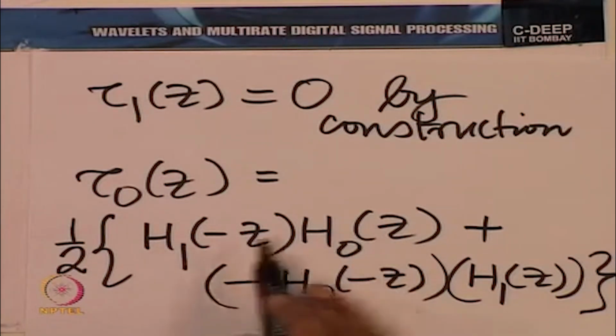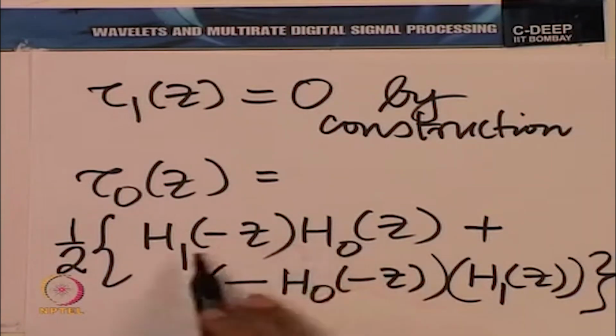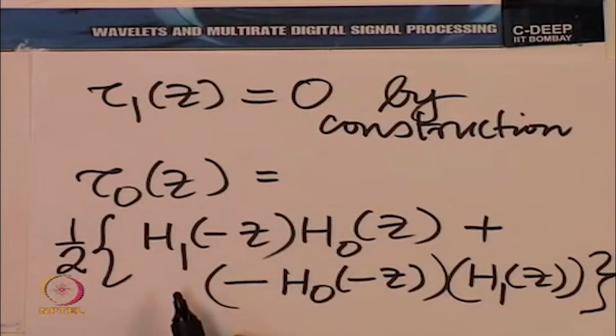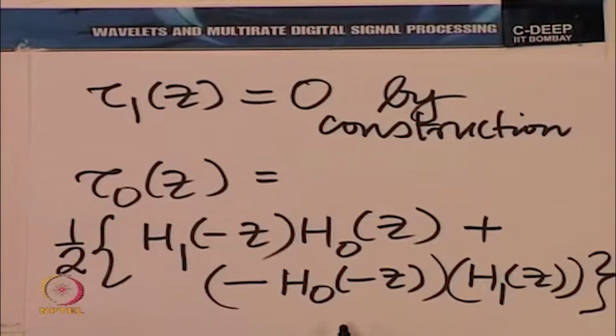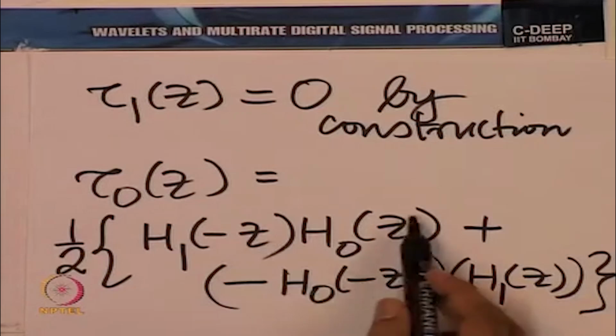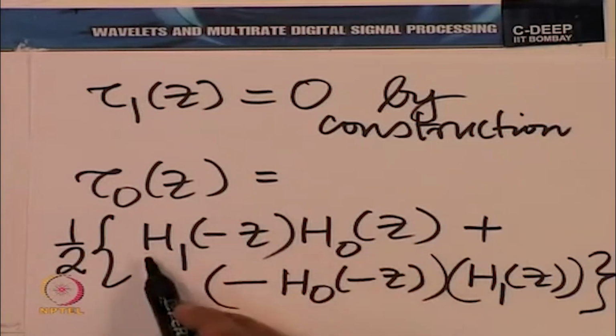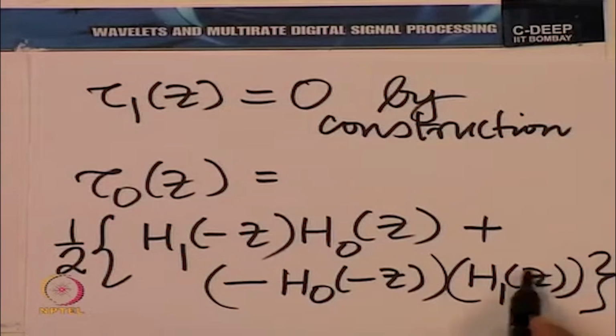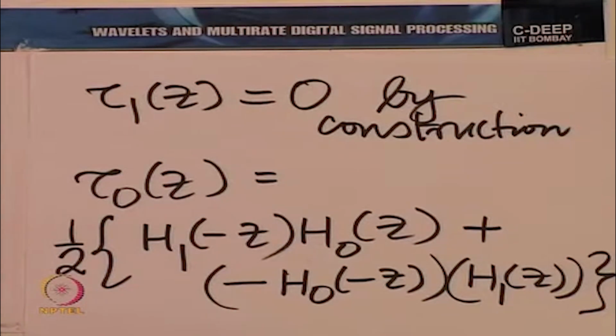So, here you essentially have a cascade of two low pass filters with cutoff pi by 2, and correspondingly this becomes a cascade of high pass filters with cutoff pi by 2. And you are effectively saying that the overall system function with this cascade of low pass filters of cutoff pi by 2 and this pair of high pass filters with cutoff pi by 2 must go towards a perfect reconstruction situation. That is the interpretation of this equation here.